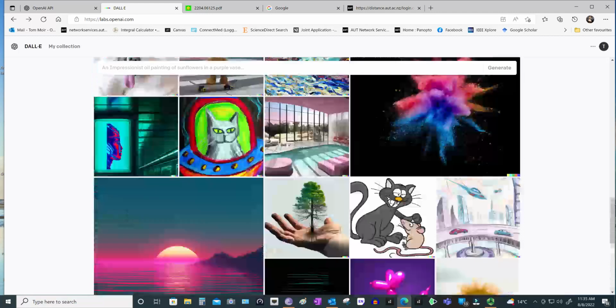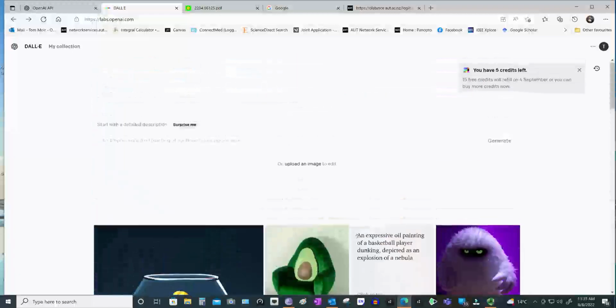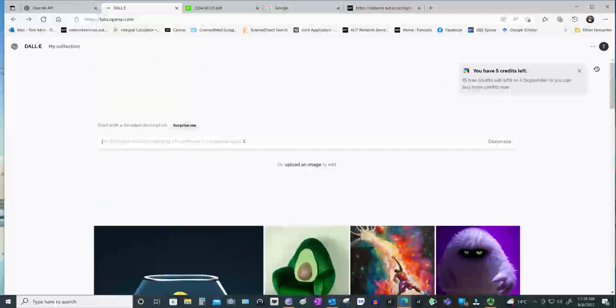So the ones I'm going to do are probably quite avant-garde myself. You just have to use your imagination here. So let's just type something in and see what it comes up with. First of all, a kind of cartoon one should be interesting.